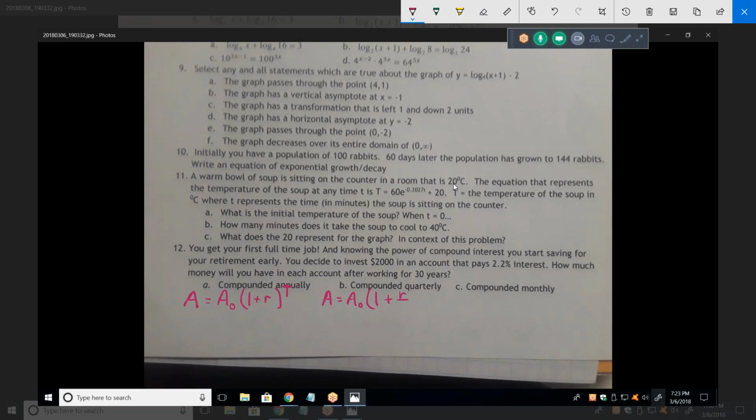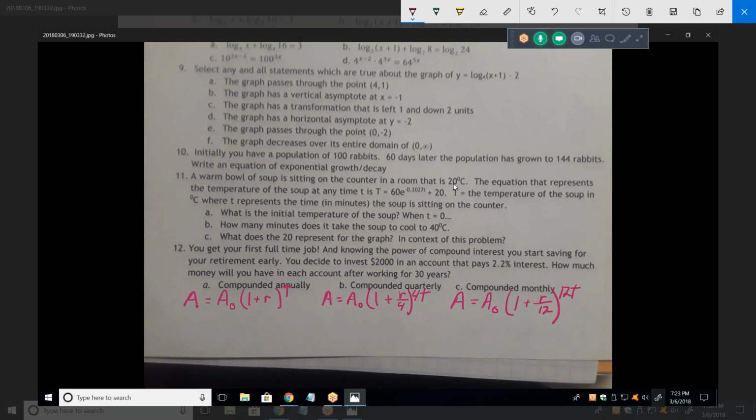I was right in the general. And then 4 times t. And monthly. A equals a sub 0 times 1 plus r over 12. And then 12 times t.